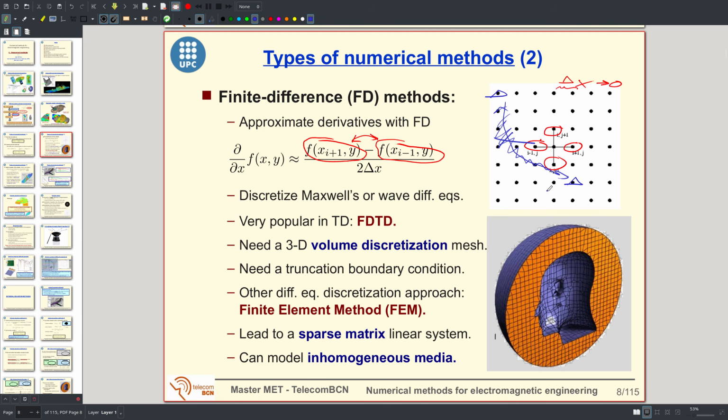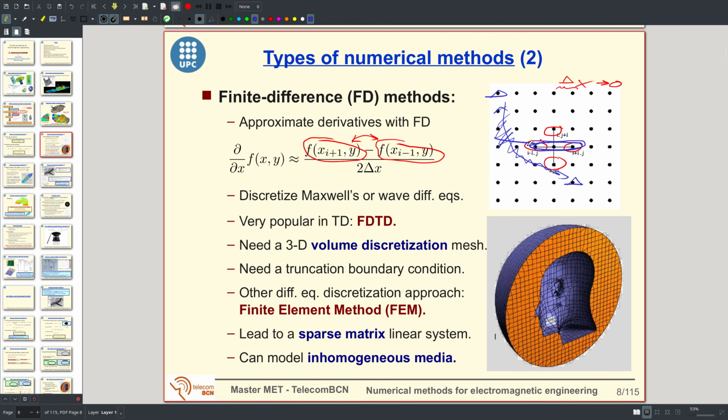And this means that the matrix that includes the relation between all the samples has many zeros, because almost all pairs of samples are unrelated. Only a few pairs are related one to the other, okay?